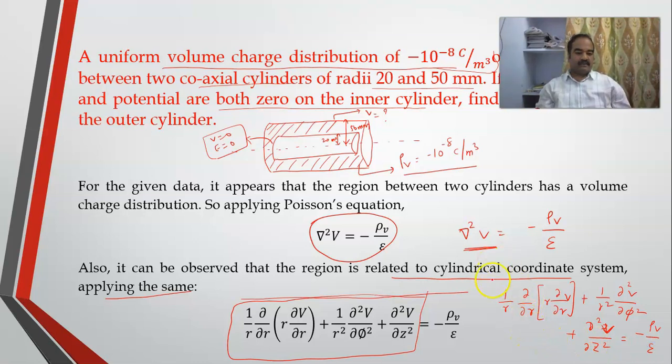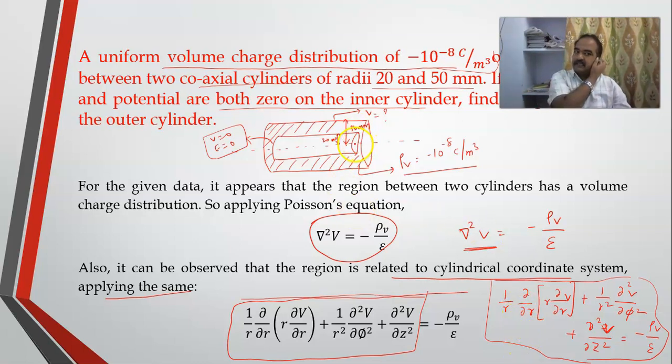This equation we will now solve for determining the potential on the outer cylinder. If you carefully see, he is considering the entire cylinder and not any concept of z. So I'll ignore the phi and z terms and assume that only the r component is present.